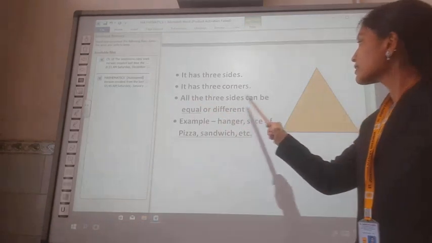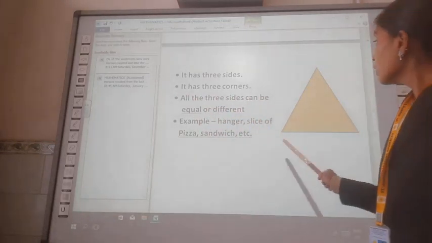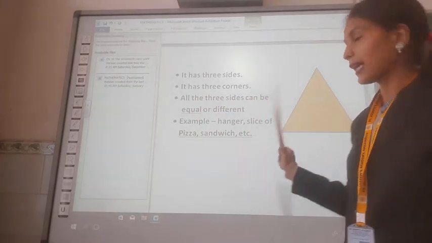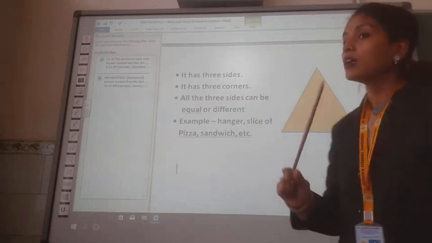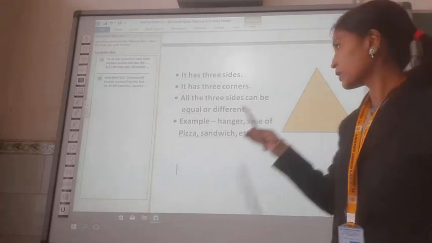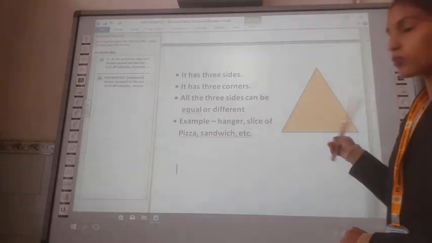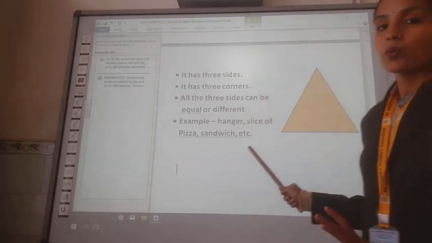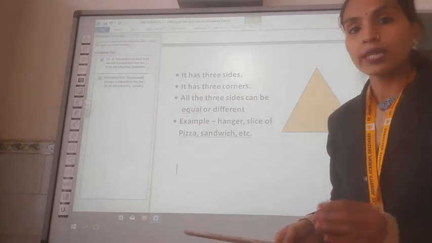Then all the 3 sides can be equal or different. Now the size of the sides of the triangle can be equal. That means it can be an equilateral triangle. About those triangles we will study in our higher classes, but now we will study about this simple triangle only. In a triangle, sides can be of equal length.